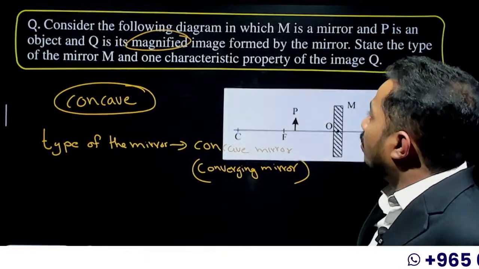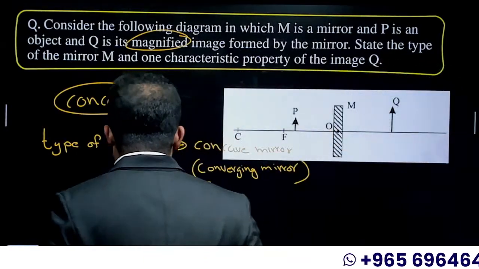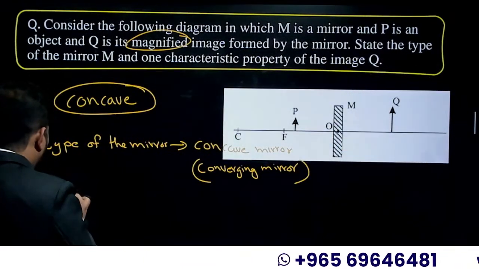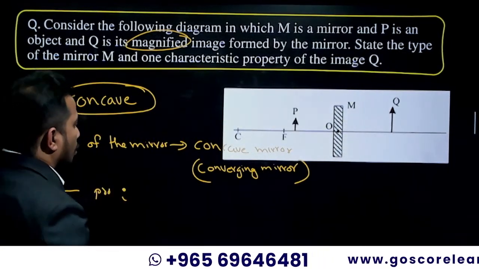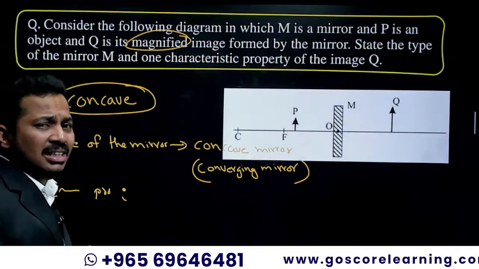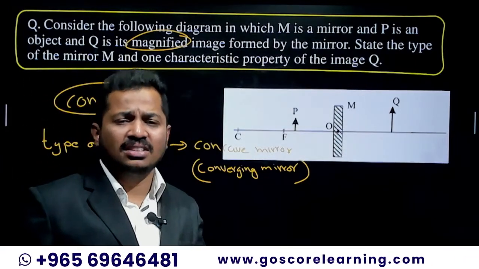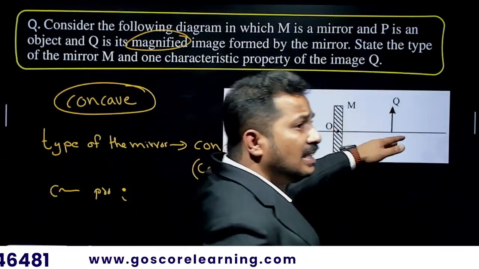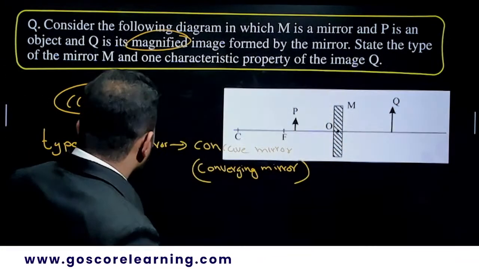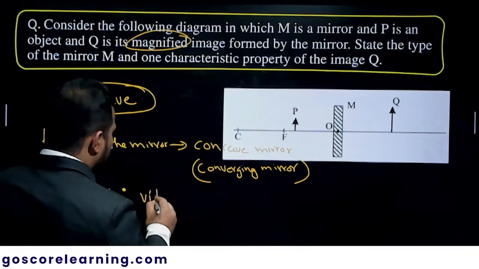And the characteristic property of the image Q. You know that when the concave mirror is giving an enlarged image, it is formed behind the mirror, which is virtual.